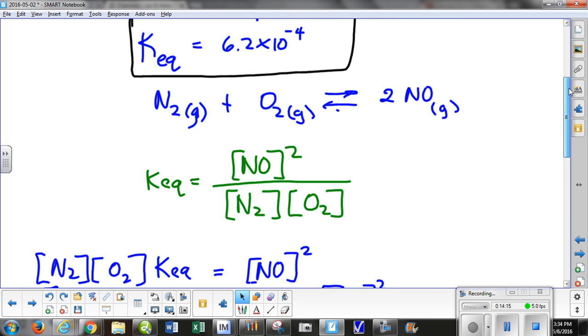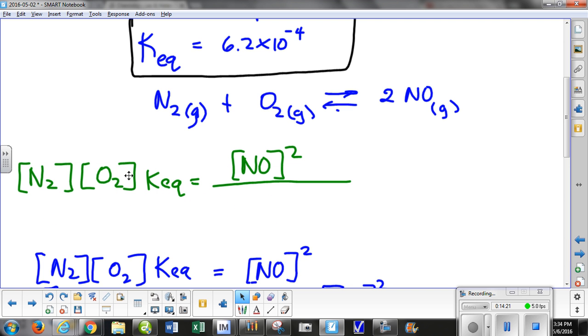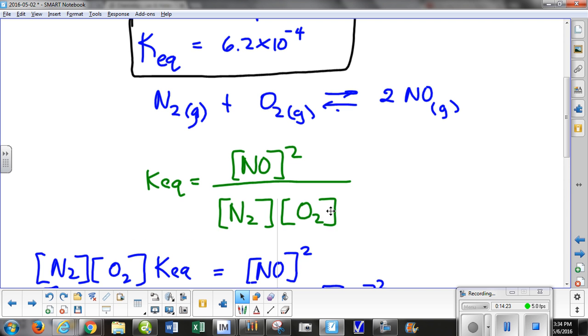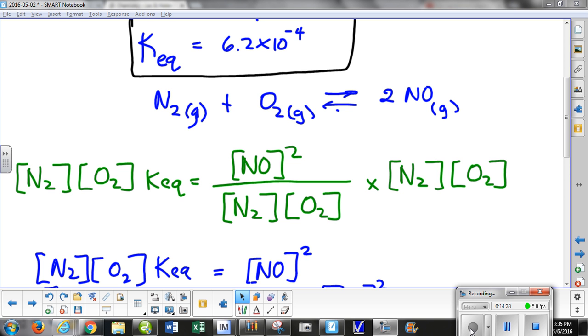And basically what I've done is I've taken these guys and brought them over here. And how do you do that? You simply multiply both sides by these guys, the guys on the bottom. So what would that look like? In which case you can do this.